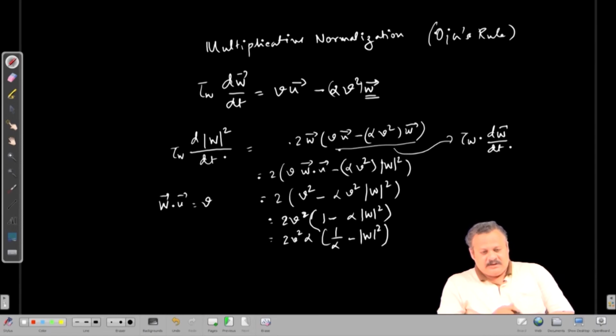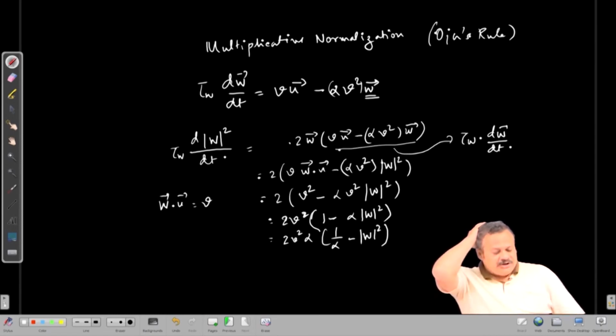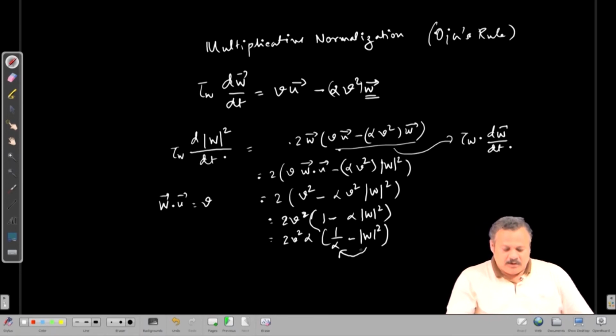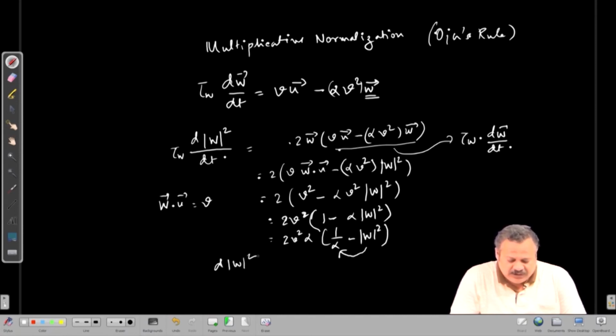In steady state, that is when there will be no change finally, it will always relax to 1 by alpha, because ultimately when the system stops, when we reach no change in weights, the norm of dw dt being 0, our w norm will approach 1 over alpha.